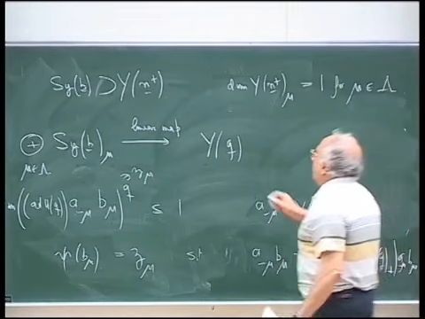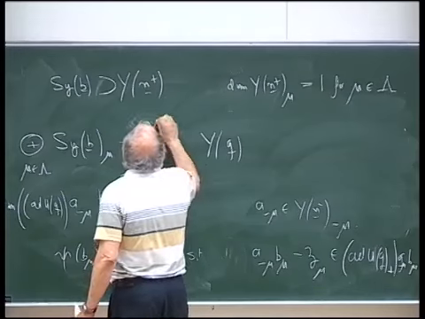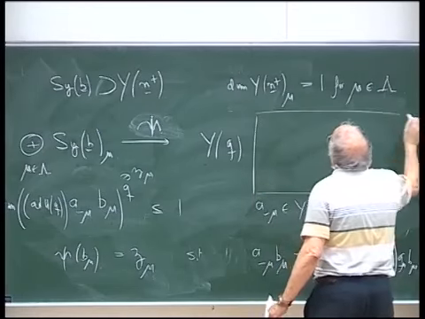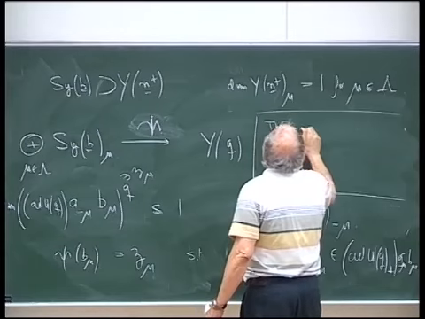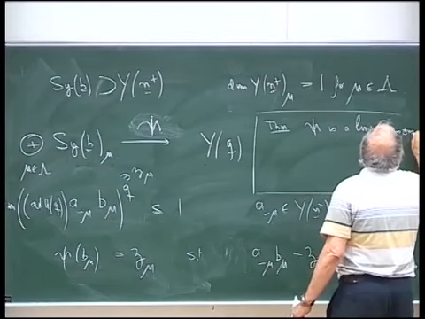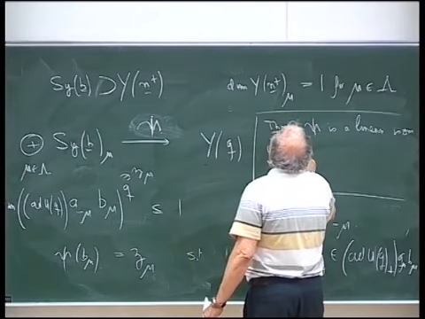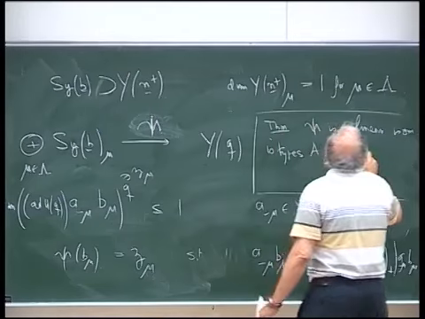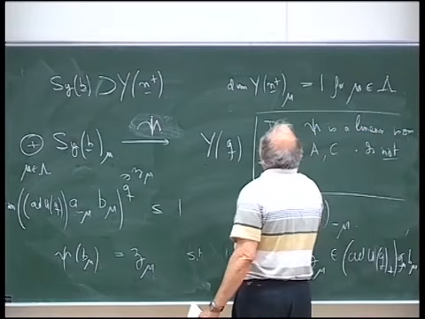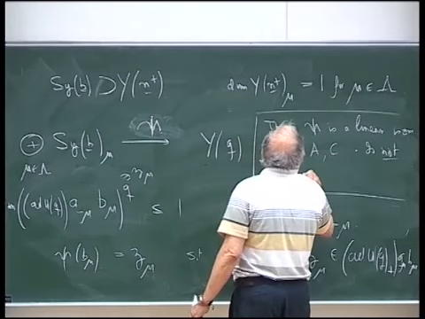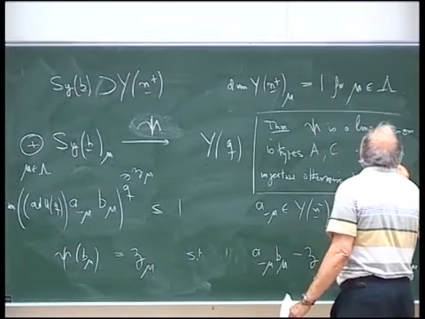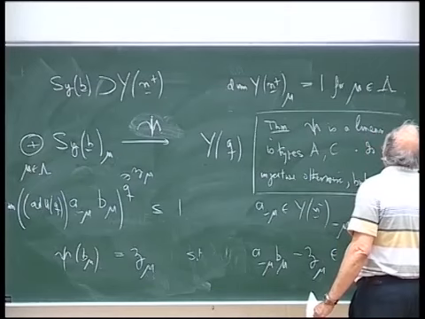So we now have a linear map from here to here. And the theorem, if you like, it's not a great theorem, but one has the following: that phi is a linear isomorphism in types A and C, is not injective otherwise, but conjecturally it is surjective.